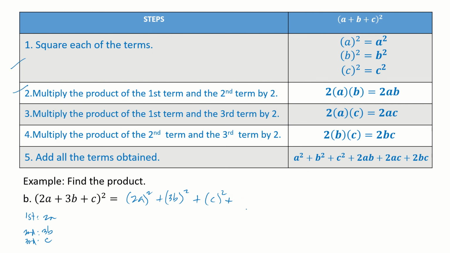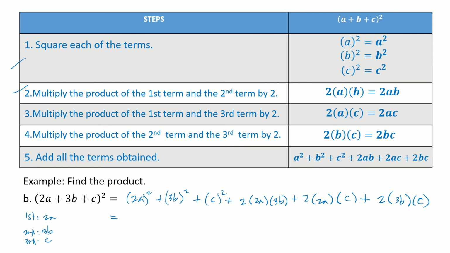Second step, 2 times the first term times the second term, plus 2 times the first term times the third term, plus 2 times the second term times the third term.